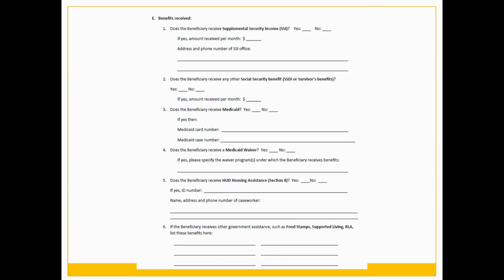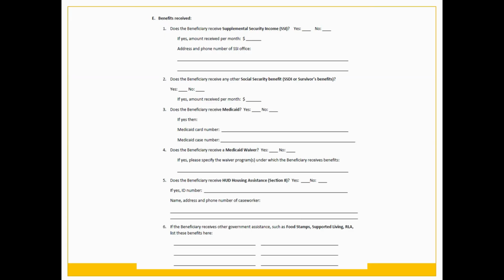If the beneficiary is receiving SSI, but you don't know their local SSI office, that is okay. You can leave that section blank. If the beneficiary receives another Social Security benefit, such as SSDI, Social Security retirement, survivor's benefits, or others, you will check yes under number 2.